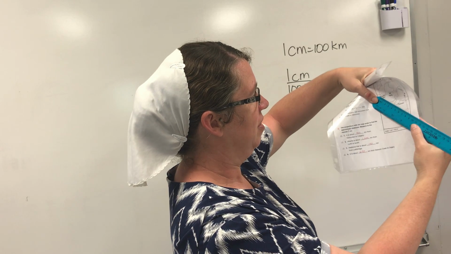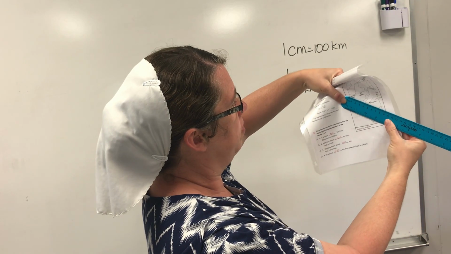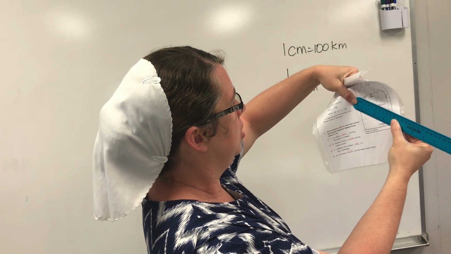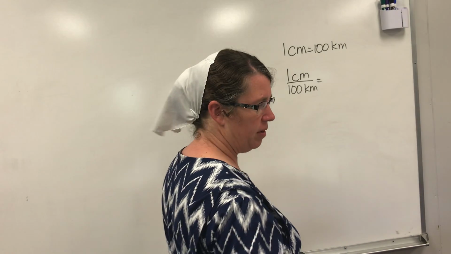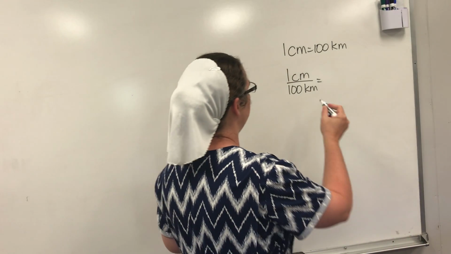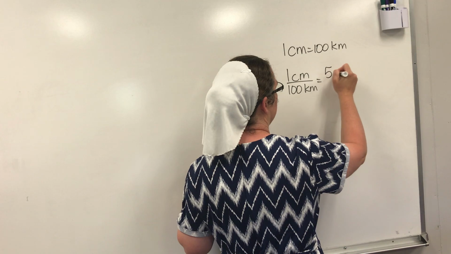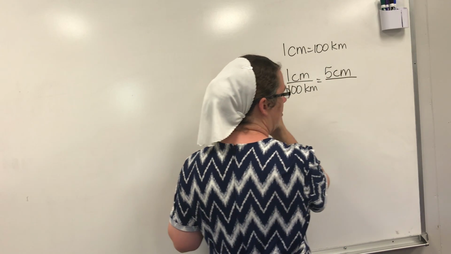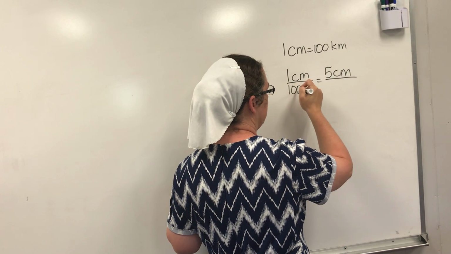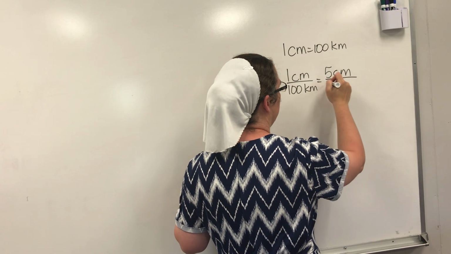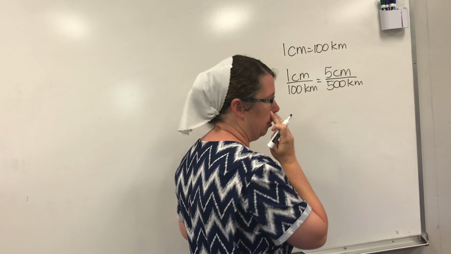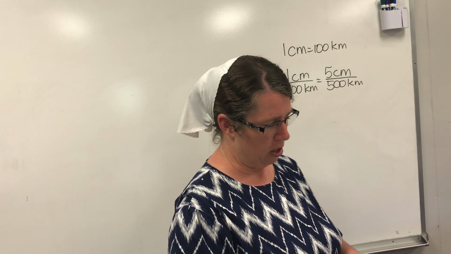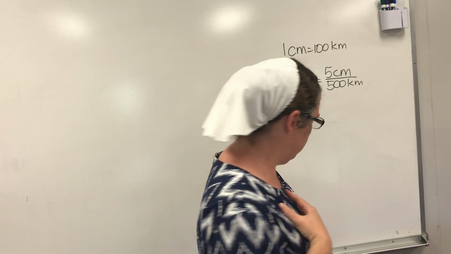So, going across corner from Dawson Creek to Edmonton shows that it is 5 centimeters. All right, so we have our formula. 1 centimeter is 100 kilometers. If we have 5 centimeters, how many kilometers? You would go 5 times 100 divided by 1, which we know is 500 kilometers. All right, so let's do some for ourselves on the map.